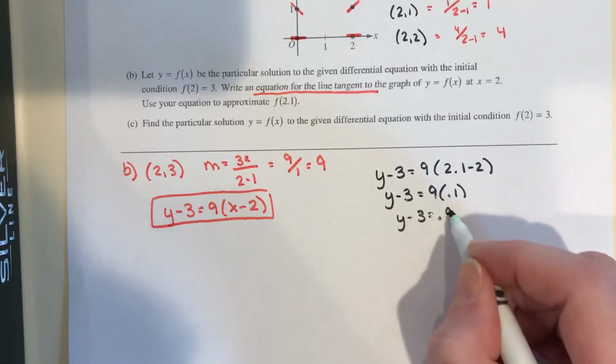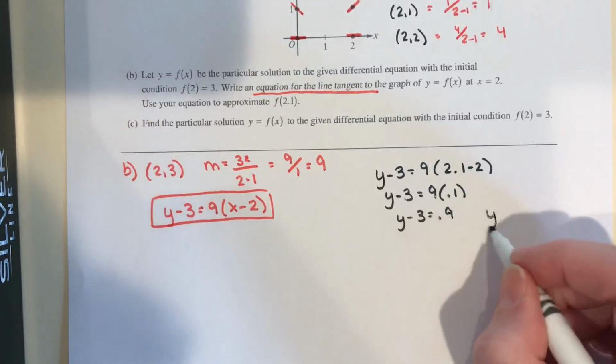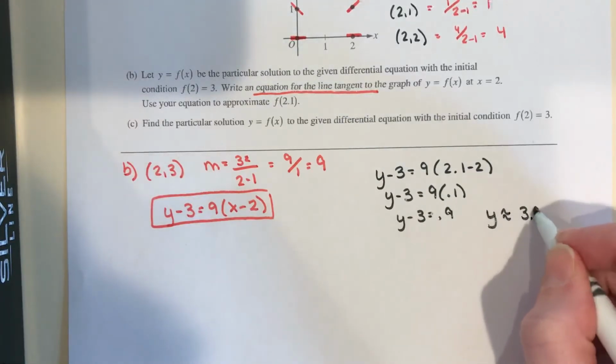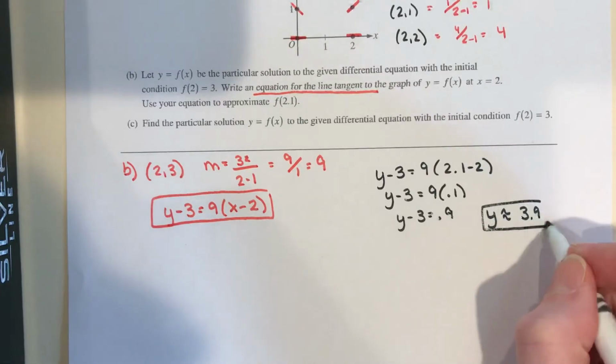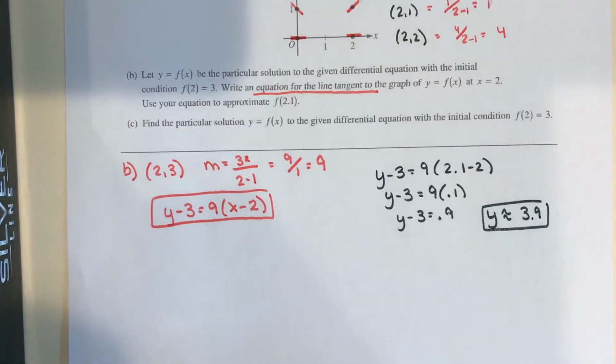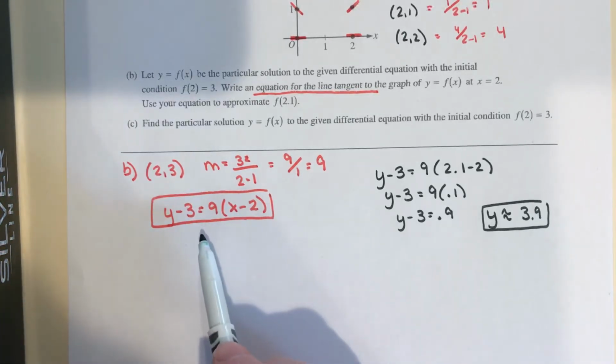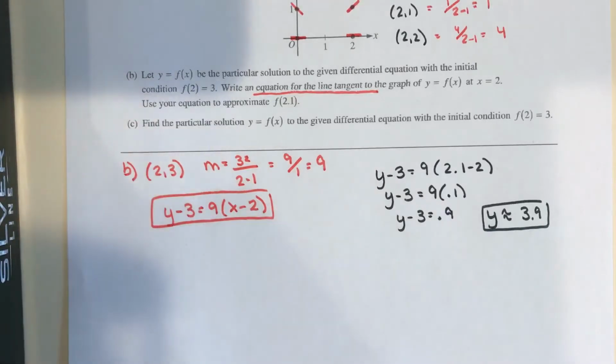If I add 3 to both sides, y is approximately 3.9. So how they graded this part B is you got 2 points for this. 1 point was writing your equation of your tangent line, and the other point was getting your correct approximation. So we're up to 4 points here.